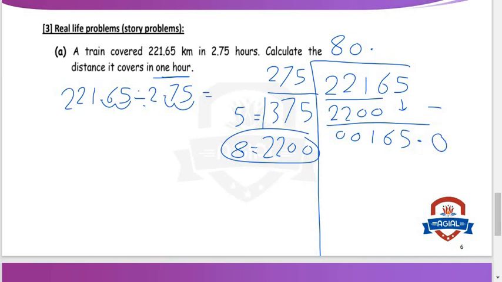Why do we put 0 in the quotient? Because we don't have a number, because we put down one number and it can't be divided. So we put 0 and a point, and here to put 0 we put point 0. Okay, so it becomes 1,650 divided by 275. Yes, I can.